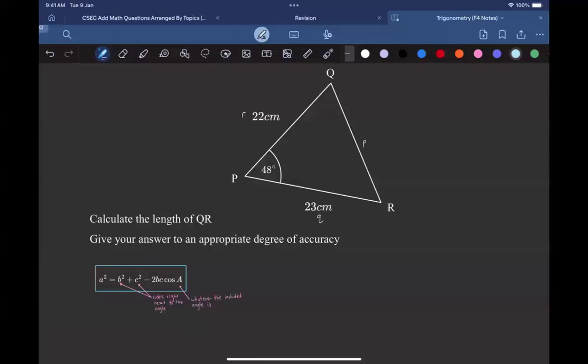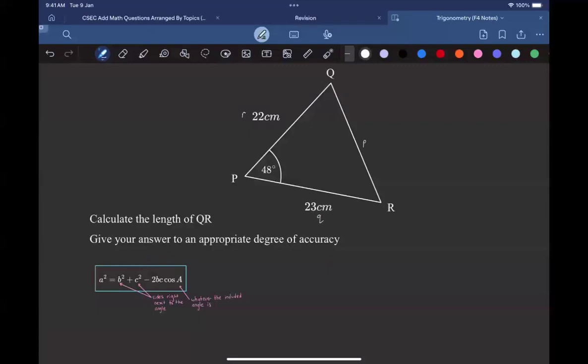Here we don't have A, B, and C. We have P, Q, and R. So I have to replace the letters. Look at the formula: B and C are the sides you know.